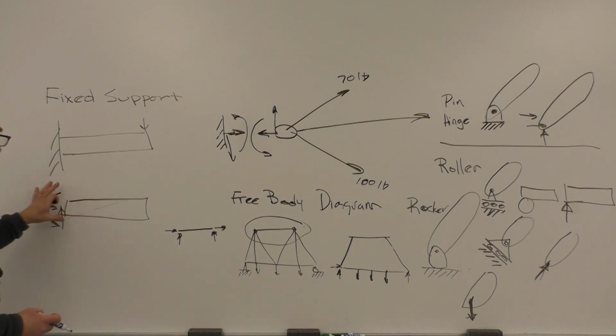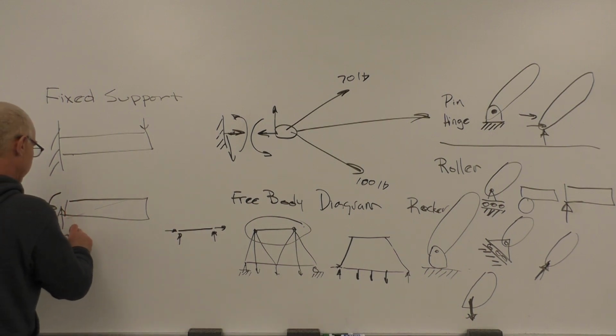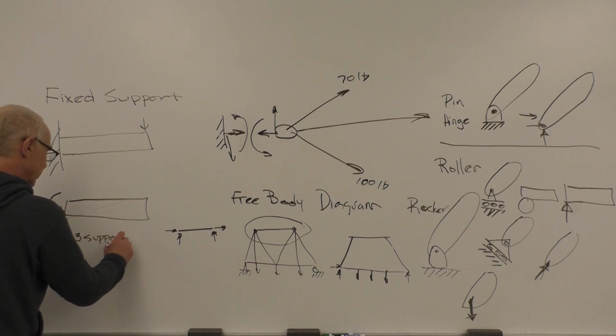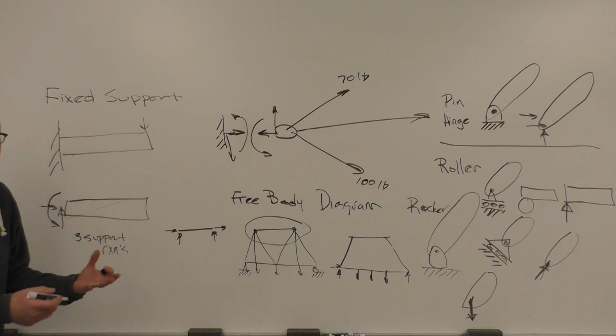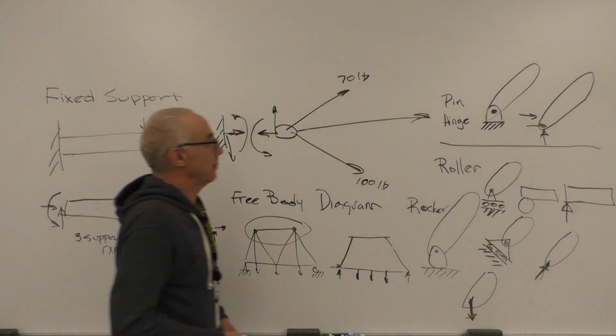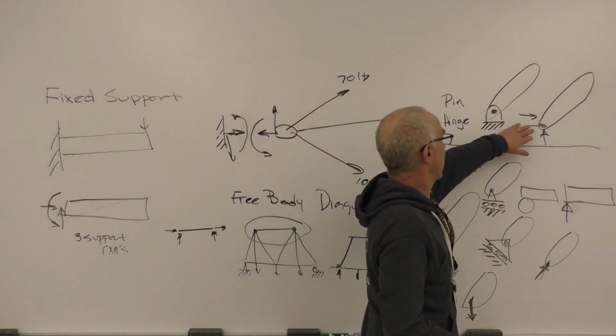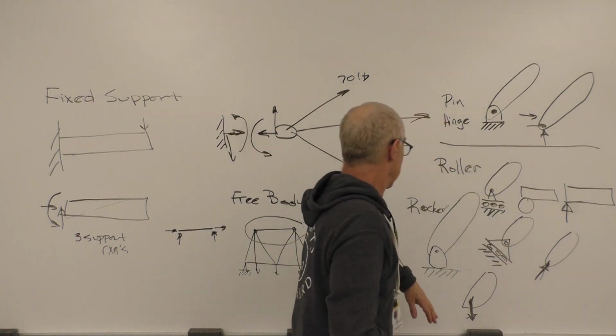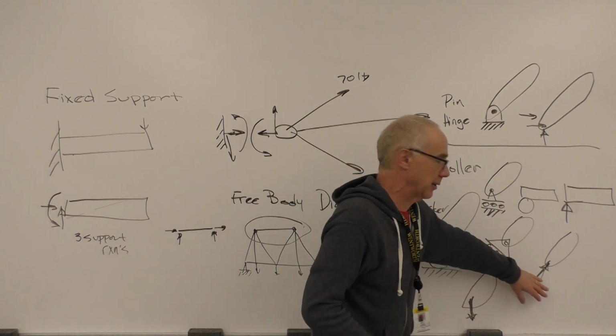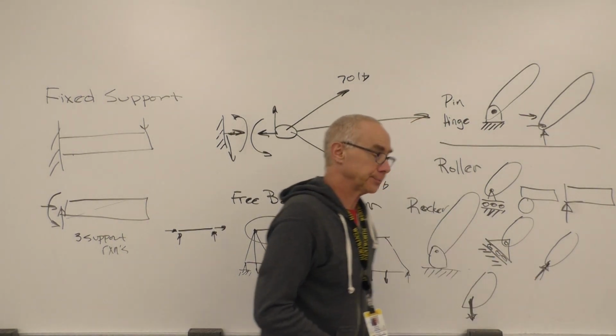And that's why we need three supports. So this one actually has three support reactions, or three forces providing support. The pin or hinge has two, and our roller or rocker only has one force.